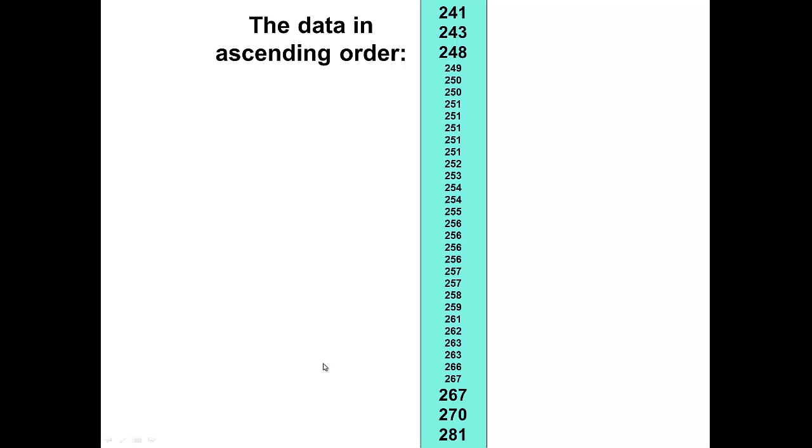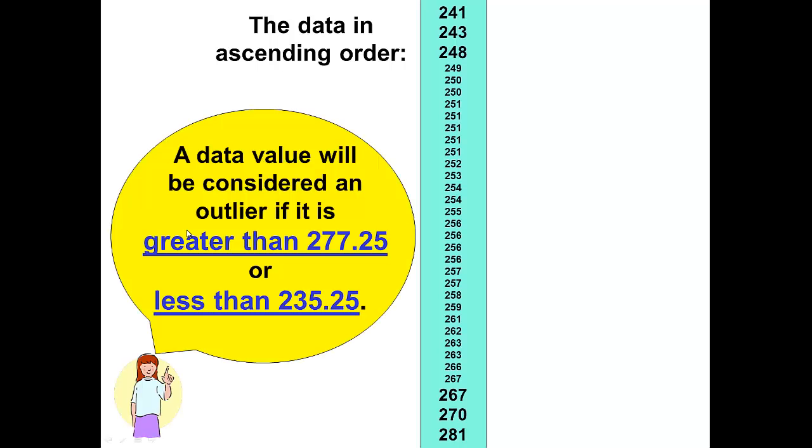Now that we have our data in order, it should look something like this. And we're interested in the very lowest numbers and the very highest numbers, looking for numbers that are greater than 277.25 or less than 235.25. Well, 241, 243, and 248, the lowest three numbers, are all greater than 235.25.